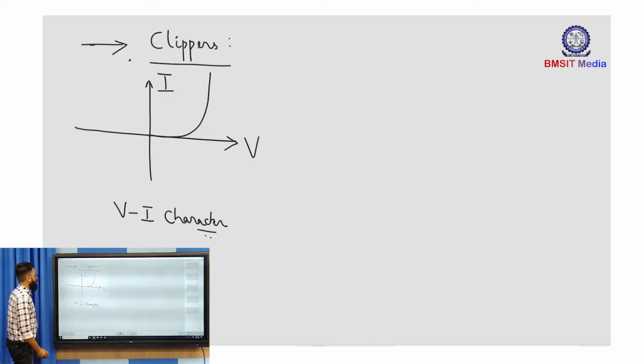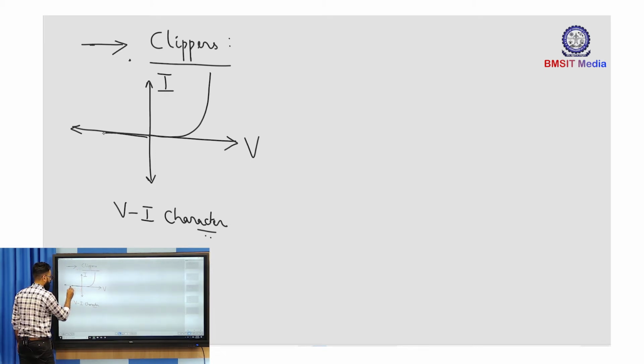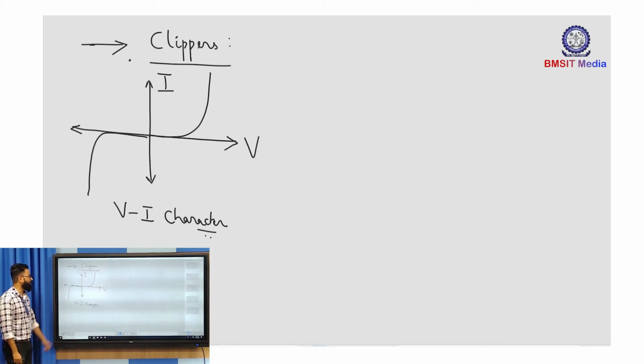And during reverse bias condition, something of this kind is going to appear in the diode characteristics.